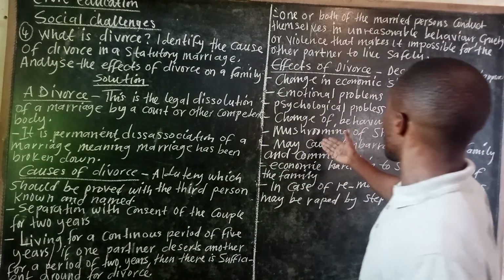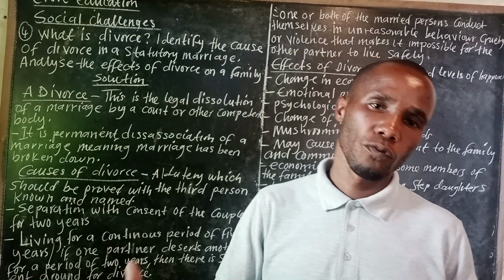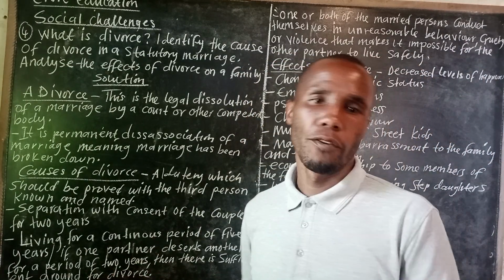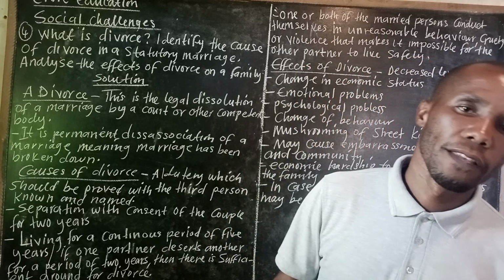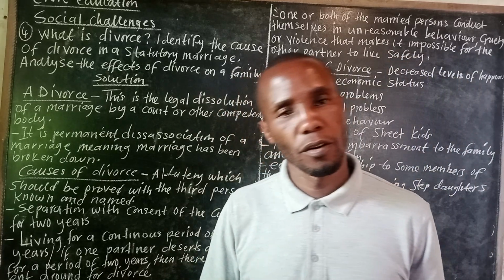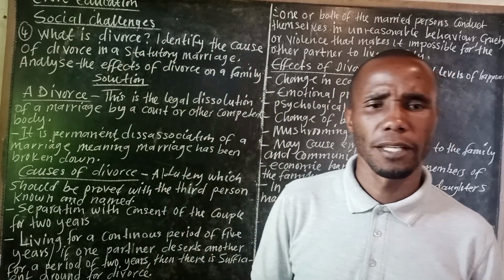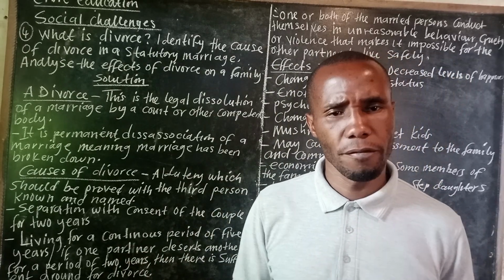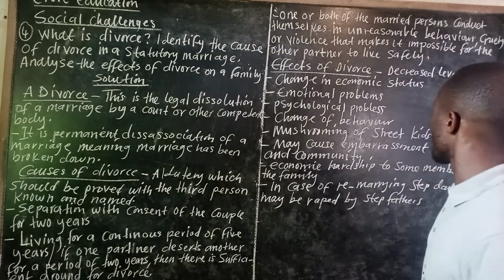Then change of behavior. You are not going to behave in the same way you used to when you were in marriage. Others even turn to illicit behavior, where they start drinking aimlessly and do all kinds of evil because of divorce. Then mushrooming of street kids.